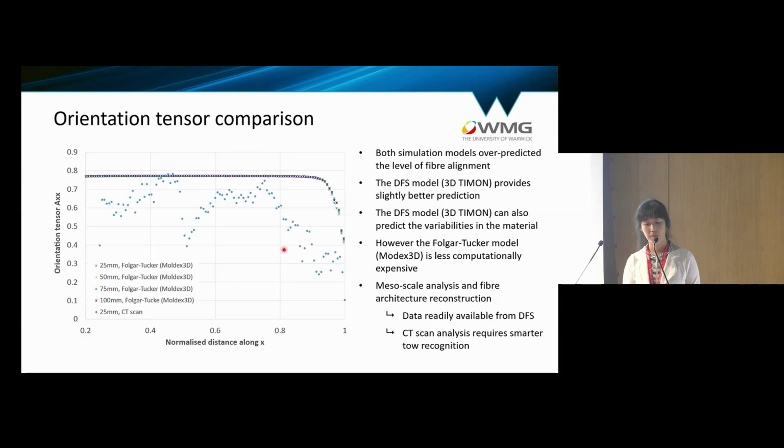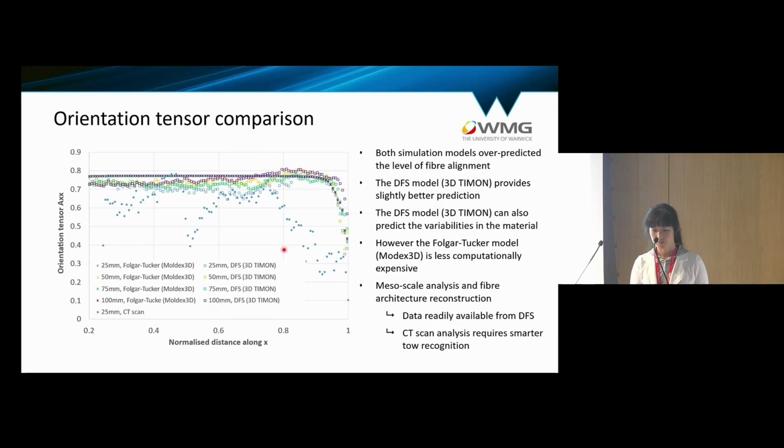So we've also plotted the fiber orientation distribution along the length of the sample. We've compared the results from the DFS and the Folgar-Tucker model, as well as the CT scan. Generally speaking, both simulation models over-predicted the level of fiber alignment.